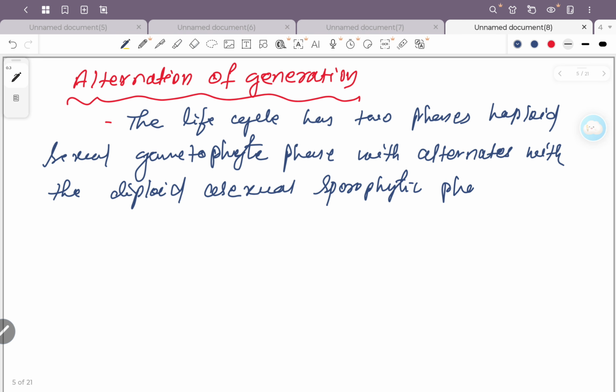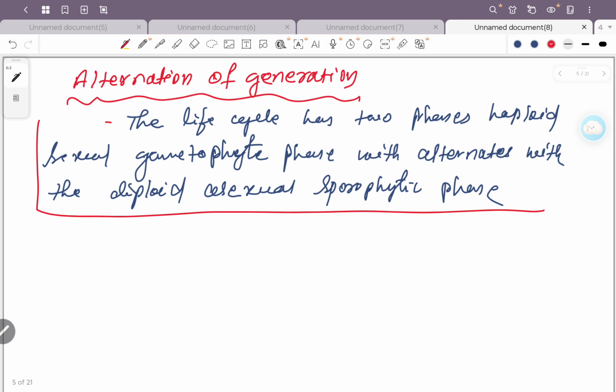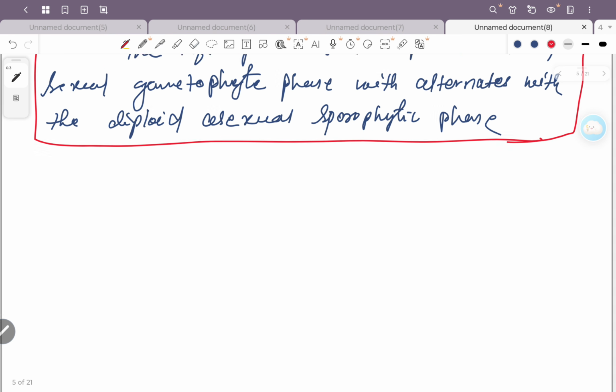Sporophytic phase. So this is the definition of alternation of generation. Please remember this one, and you can explain better. And I'll give you the schematic of this one. Schematically, I'll give you how the alternation of generation or the reproduction takes place. So let me give you the schematic diagram, flow chart.